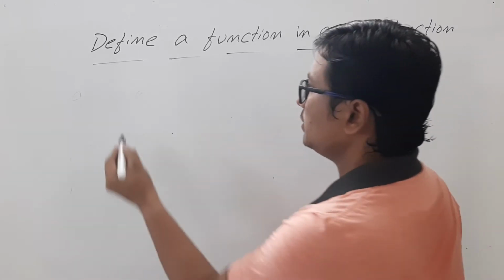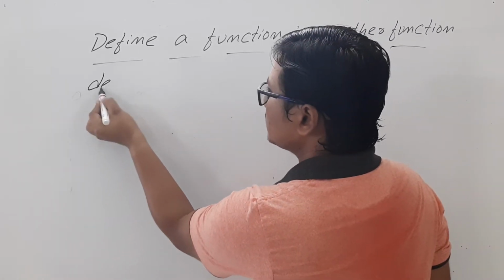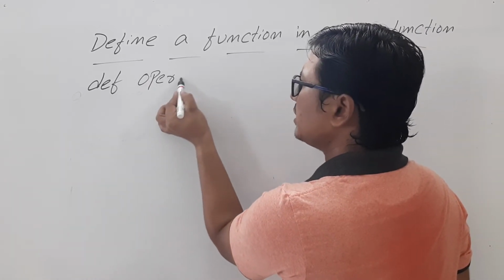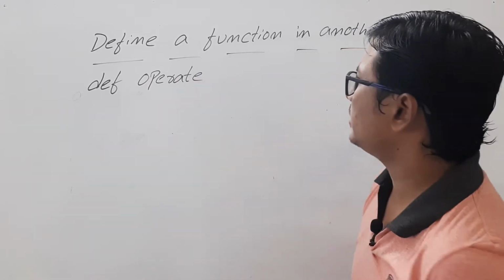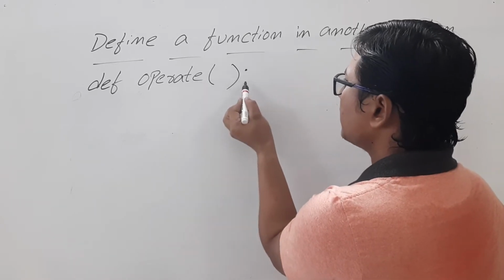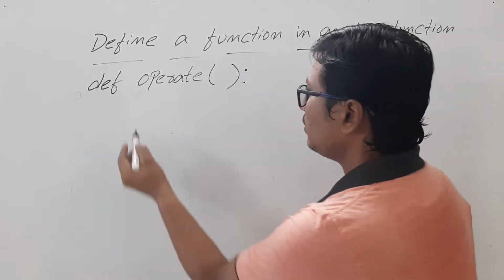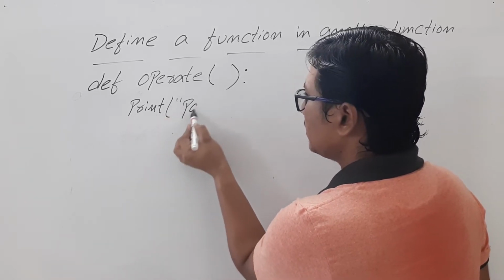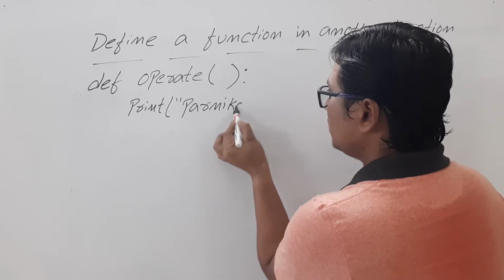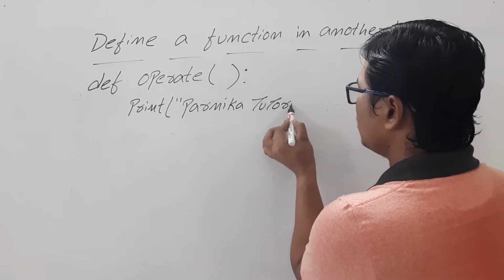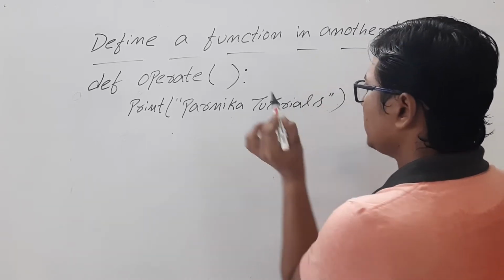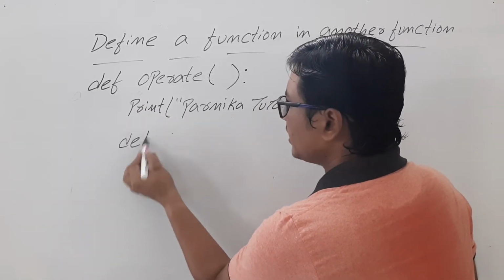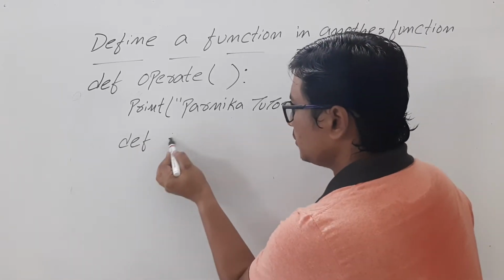Look at the example. Let me write a function called operate, or any name, and it does not take any parameters. Now let me write a print statement, Parnika tutorial, just as an output, inside the operate function. And now I am defining another function called execute.